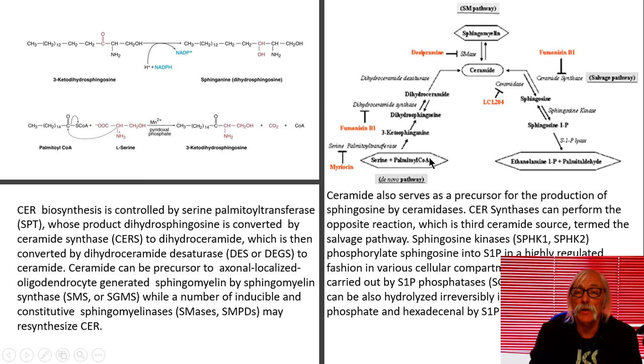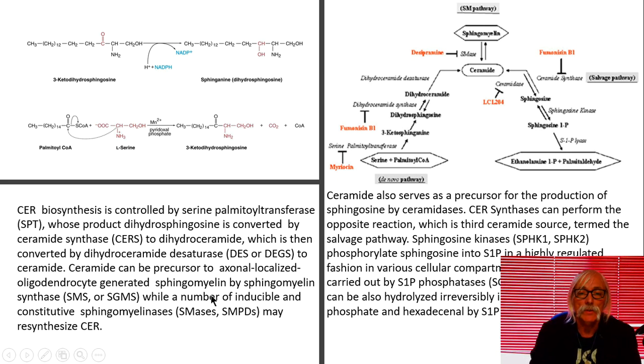There is serine and palmitoyl-CoA. You go through this 3-keto-sphingosine, dihydrosphingosine, or sphinganine, right? And then ultimately you make dihydroceramide, and dihydroceramide goes through a desaturase reaction, leaving a trans double bond actually, making ceramide.